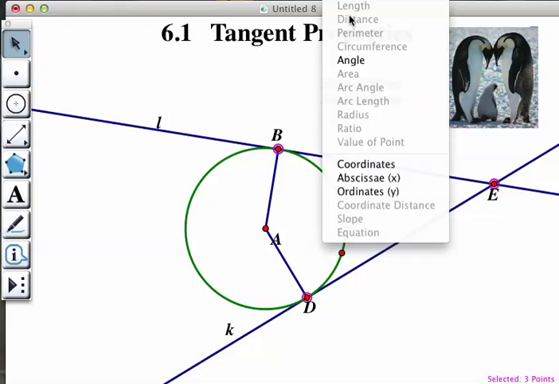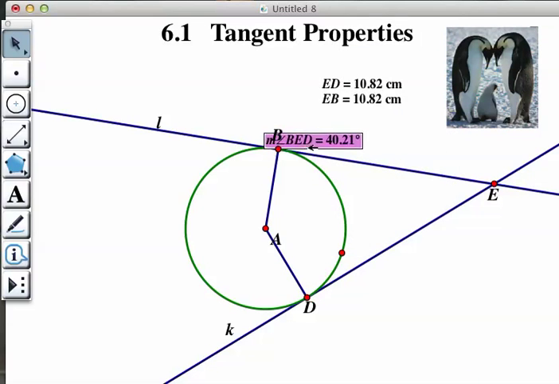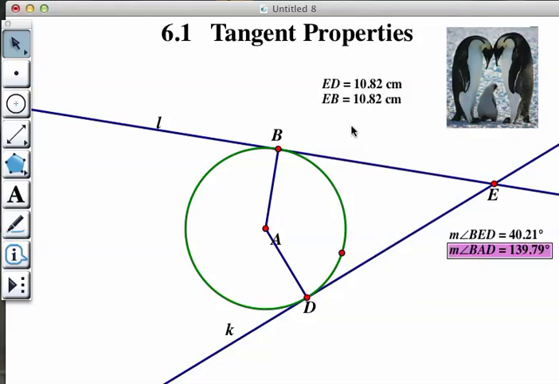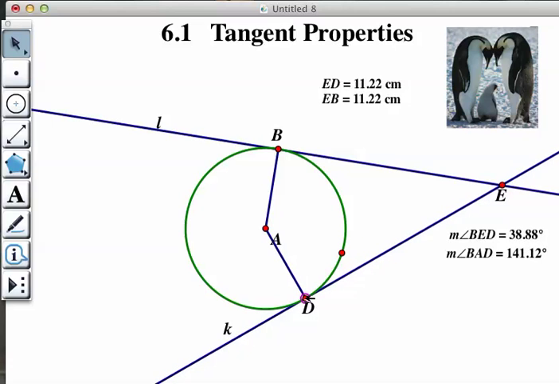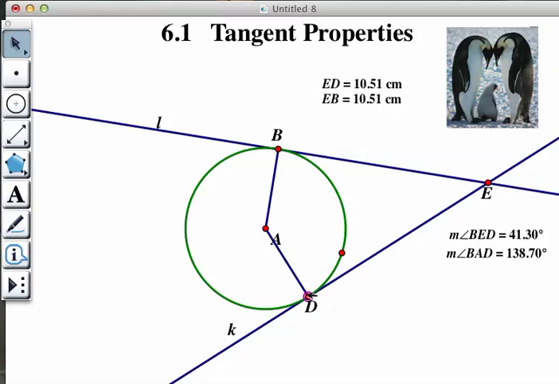Let's double check it. Let's use Sketchpad to measure the angles. So angle BED is 40.21. What about this central angle, angle BAD? I can't get the decimals to go away.